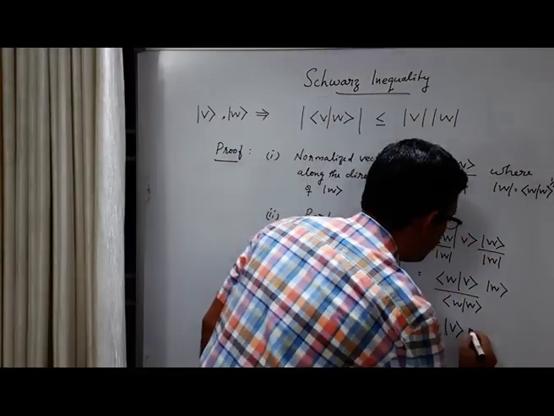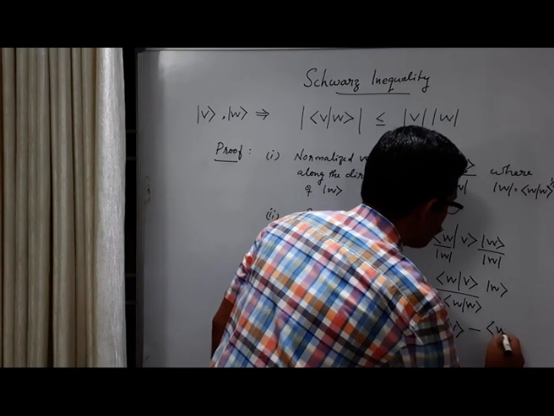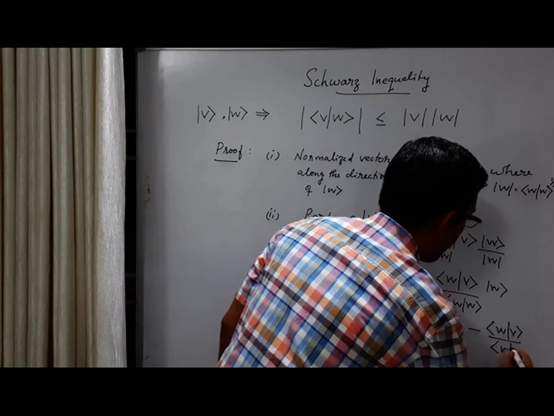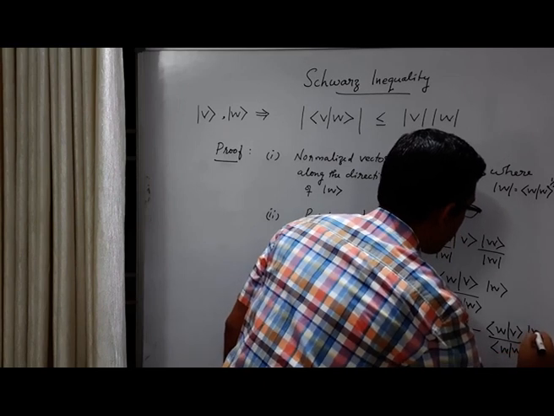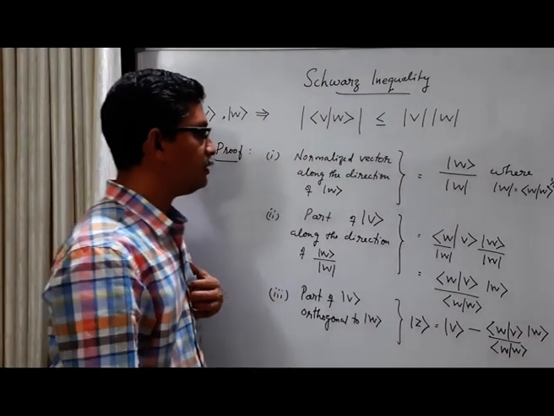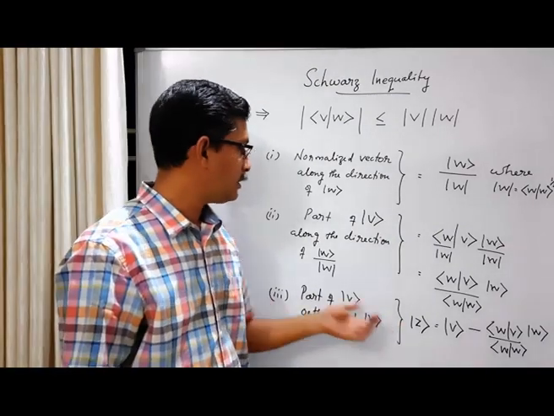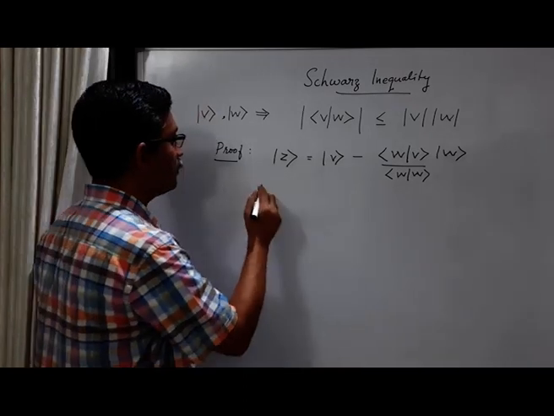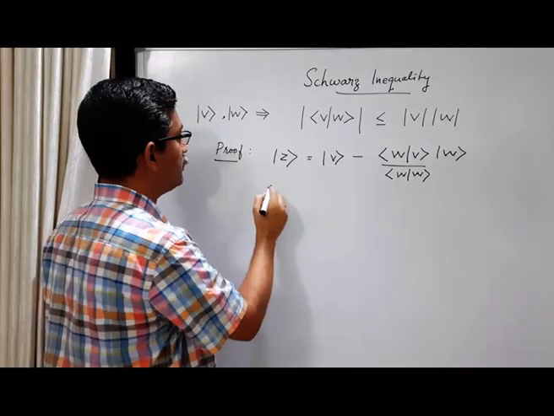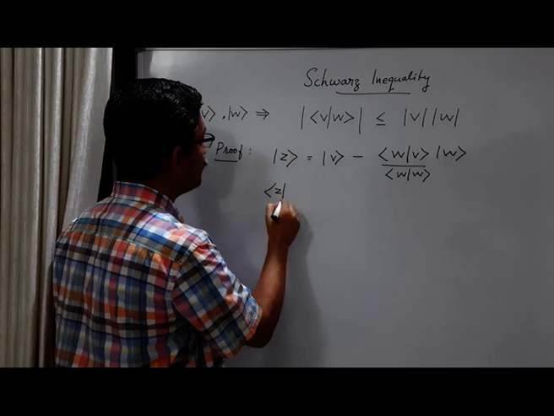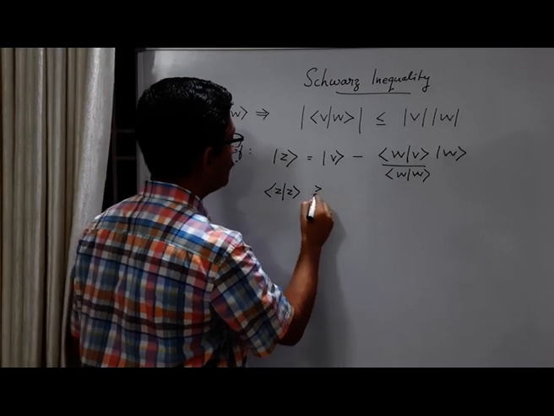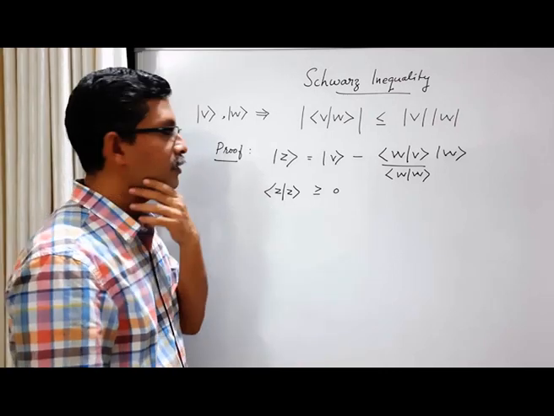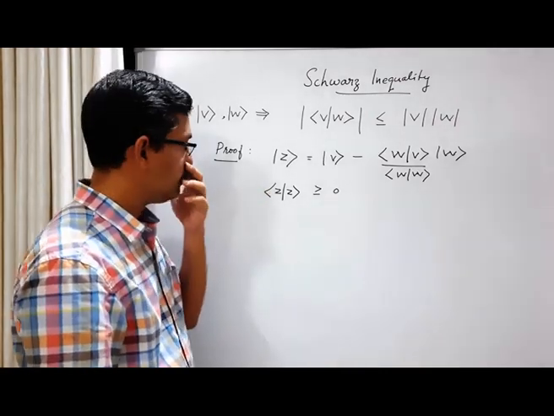So v minus bra w ket v by bra w ket w, ket w. Okay, so this is the part of ket v orthogonal to w. We can use this axiom of inner product, that the inner product of a vector with itself is always greater than or equal to 0. This is the second axiom of inner product.